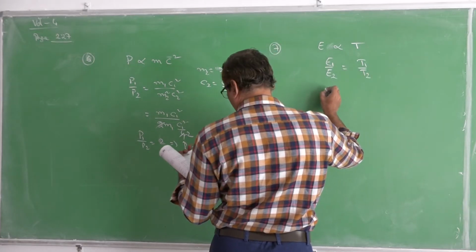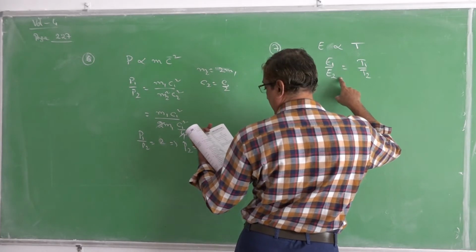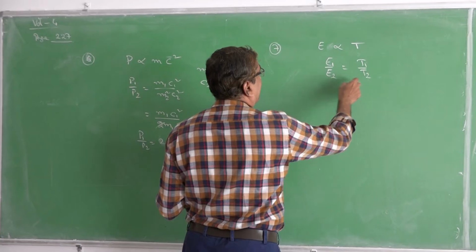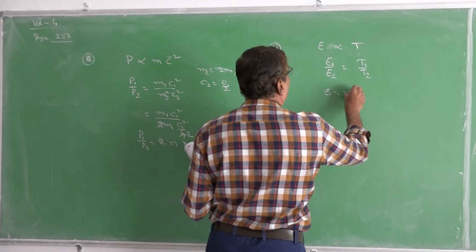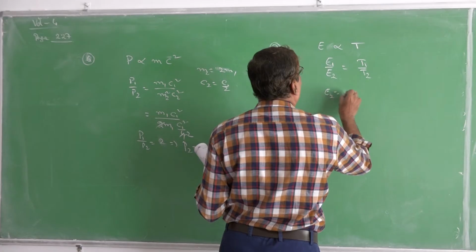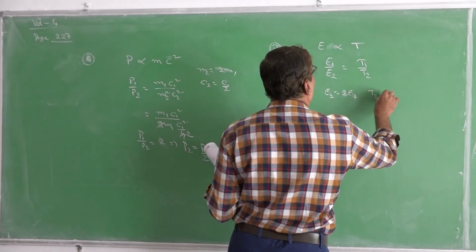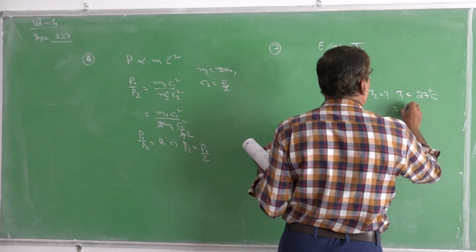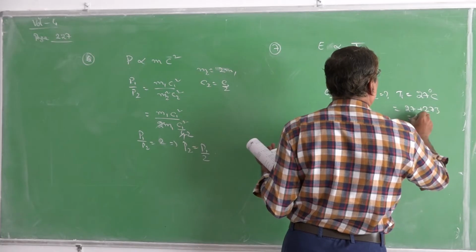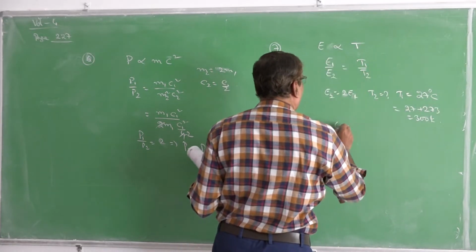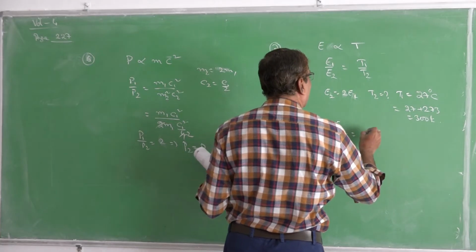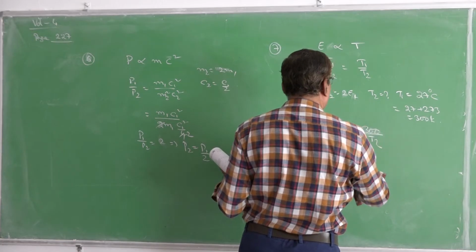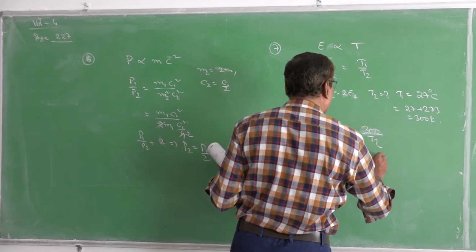We have to find the temperature T2, where E2 is equal to 2E1. T1 is given as 27 degrees centigrade, that is 27 plus 273, that is 300 K. Writing this equation, E1 by 2E1 is equal to 300 by T2. So T2 is equal to 600 K.